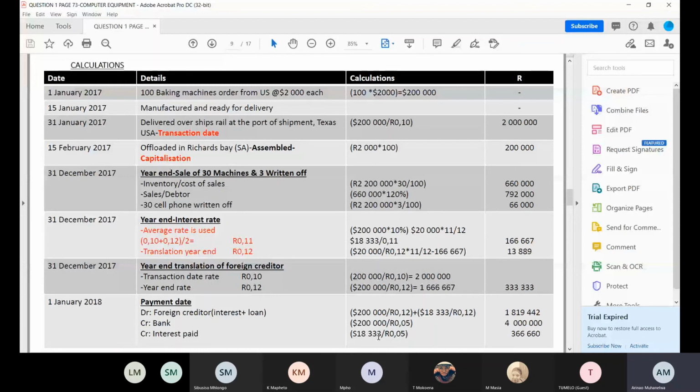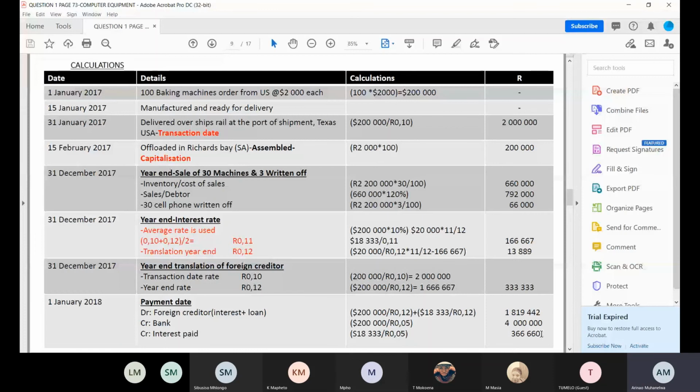So you add again 200,000 plus 18,333 divided by 0.12, you will get 1,819,442. Then the difference will be your exchange loss, because our credit is bigger than our debit. Then it's a foreign exchange loss.